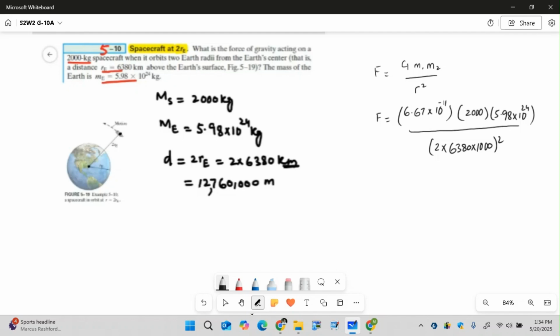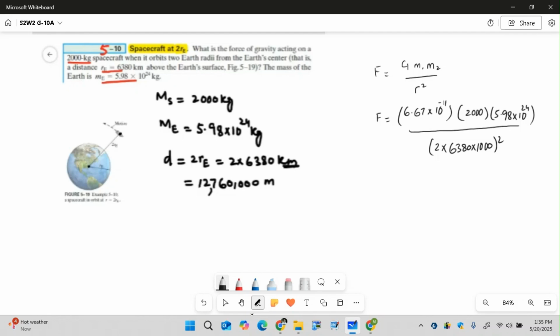What I wrote, I got 6.67 times 10 to the power negative 11 times 2000 times 5.98 times 10 to the power 24 over parenthesis, it's 2 times 1000 times 6,380 squared.